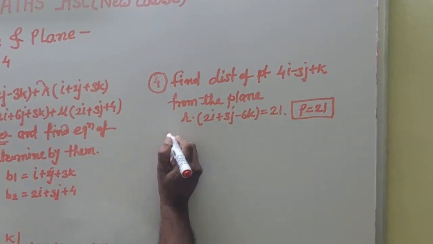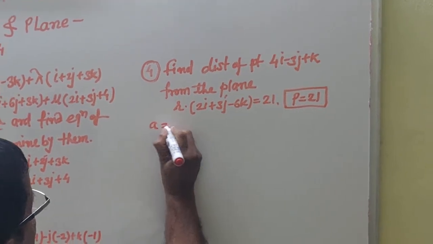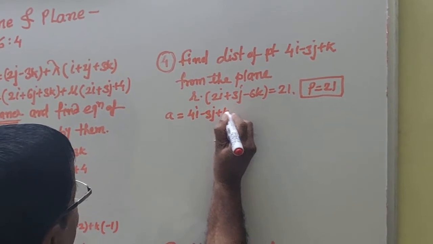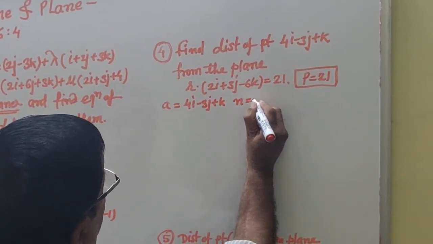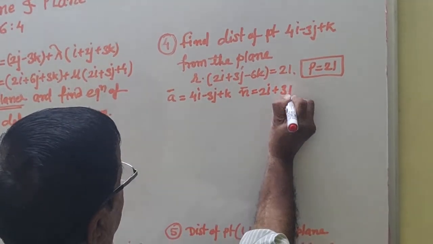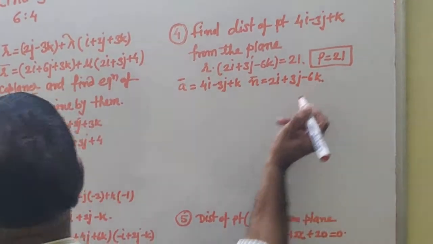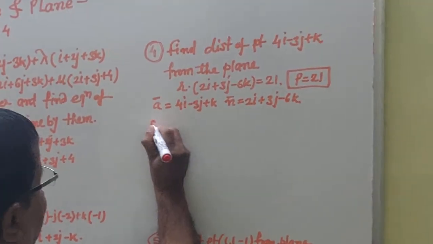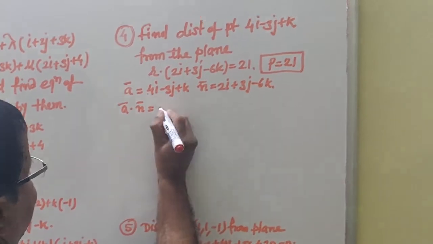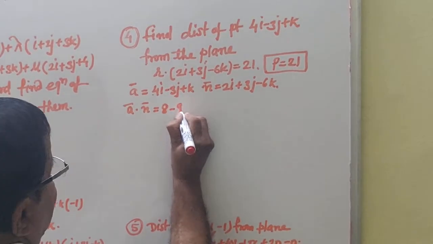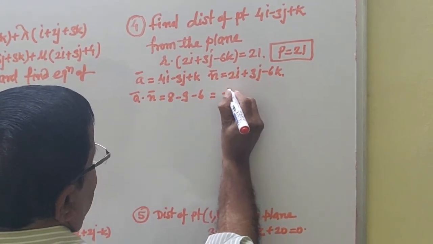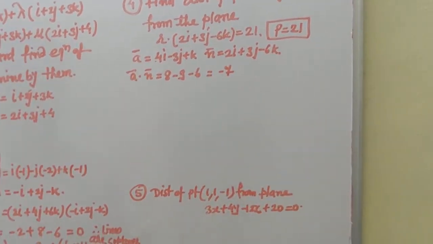What is the value of a? a is equal to 4i minus 3j plus k and n is equal to 2i plus 3j minus 6k. Now I will find a dot n. What will come here? 4 times 2 is 8, minus 9, minus 6, 15 means minus 7 will come here.